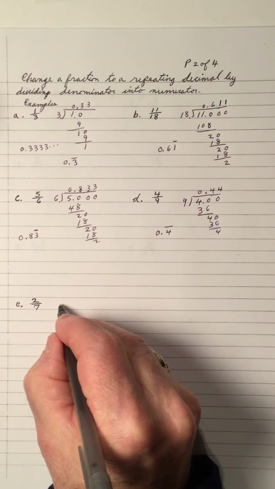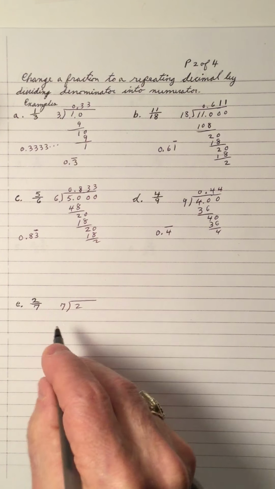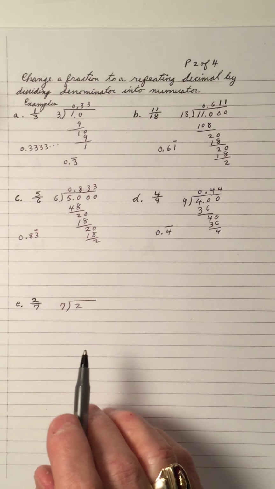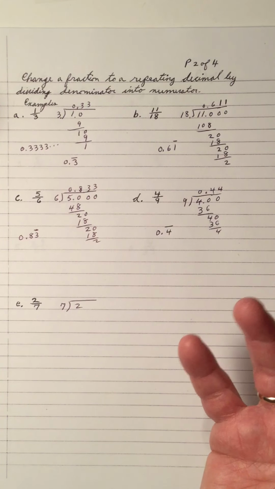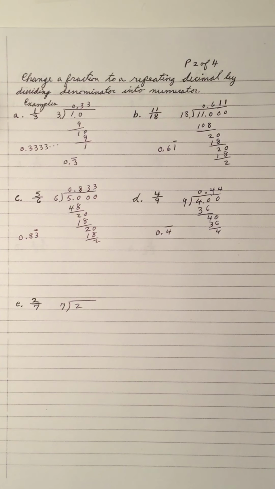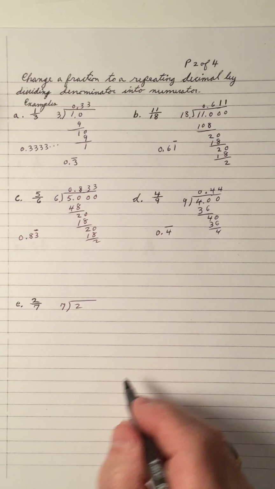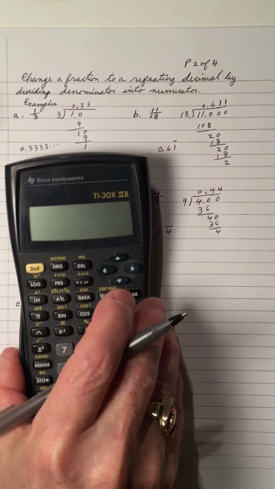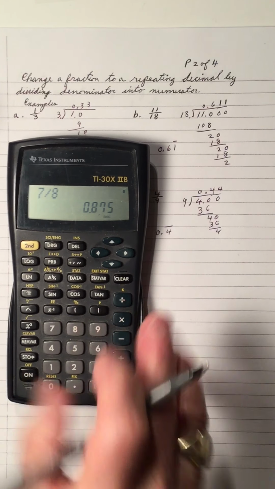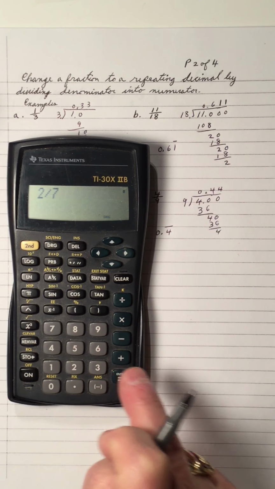2 over 7. 7 divided into 2. Notice none of these denominators are factors of 10, 100, or 1,000. So you have to divide to see what the repeating decimal is going to be. Or you can use your calculator. If you use your calculator on this one, we have 2 divided by 7.